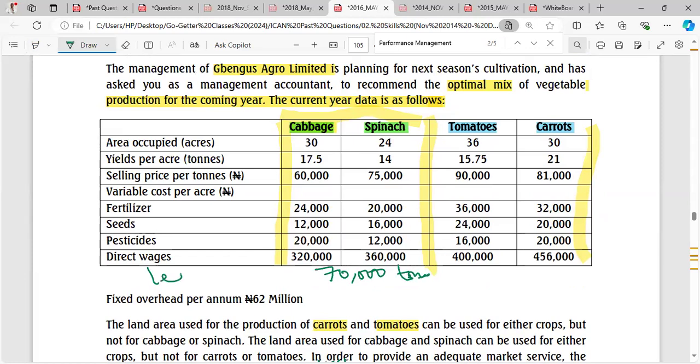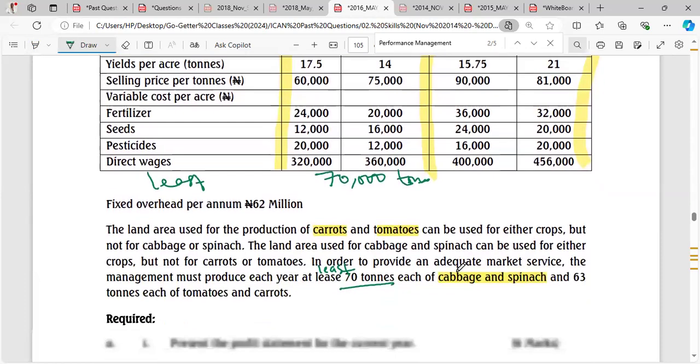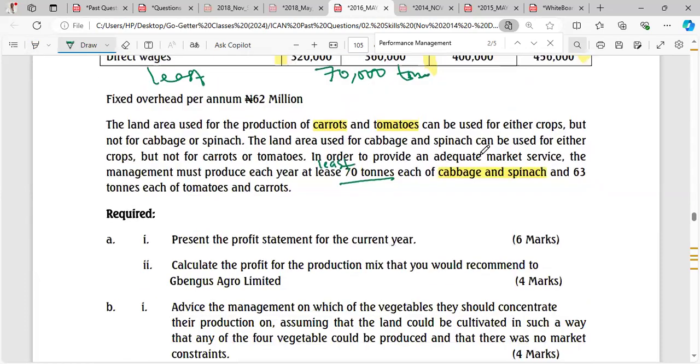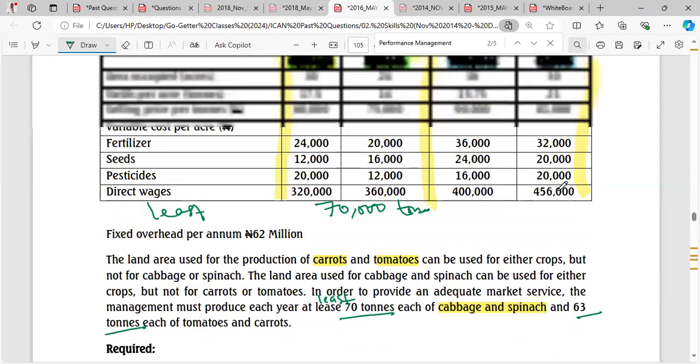Then here, 63 tons each of tomatoes and carrots.